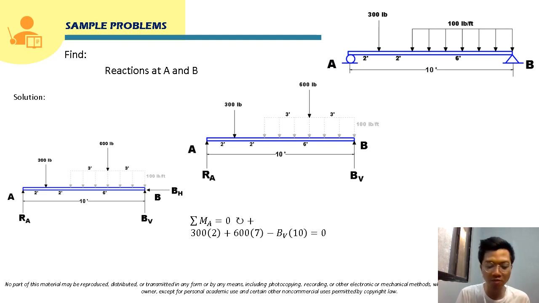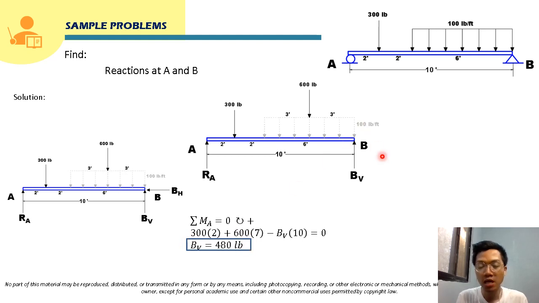To solve for BV, we will just divide what we solved from 300 times 2 plus 600 times 7 by 10. The answer for this will be 480 pounds. So from here, we already solved the reaction at point B, and that is 480 pound for the vertical reaction at point B.